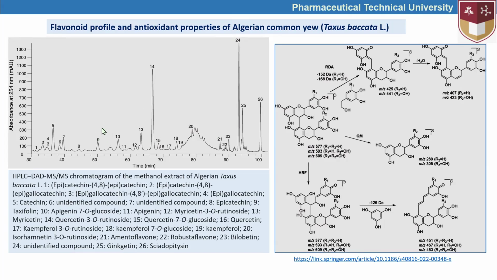The compounds were separated from each other. Here we can see the belongings of the peaks to different compounds. 14, for example, belongs to quercetin 3-rutinoside derivative. 24, for example, belongs to an unidentified compound. Okay, not all compounds were identified in this work. And 26, for example, this peak belongs to cytopitocin.